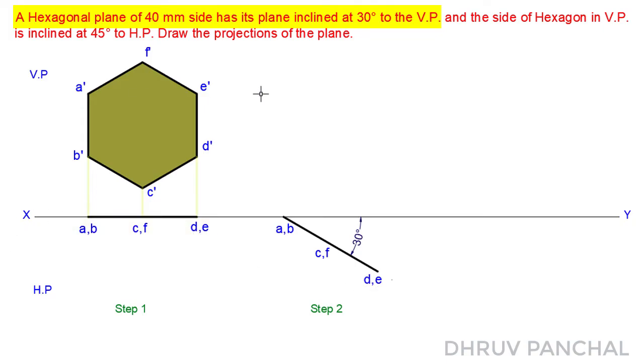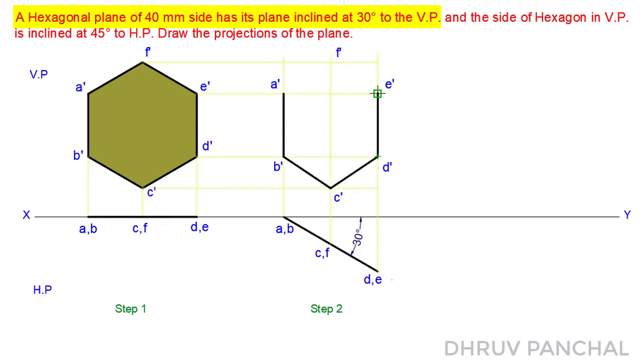To draw the front view in step 2, take projections of each point in the upward direction. Similarly, take projections of the front view from step 1 in the right direction and locate points A dash, B dash, C dash, D dash, E dash and F dash. Also join them as shown.